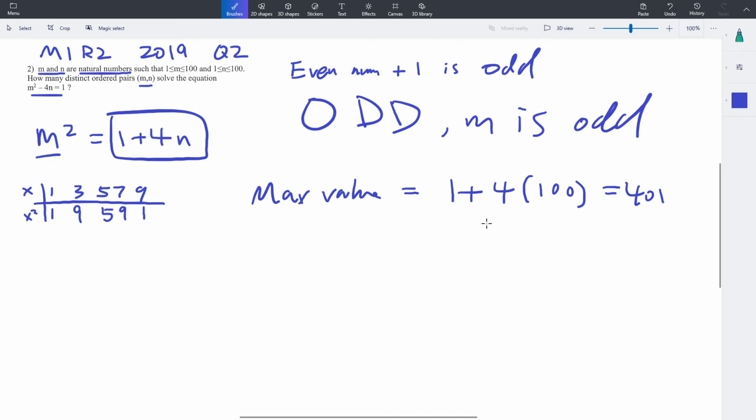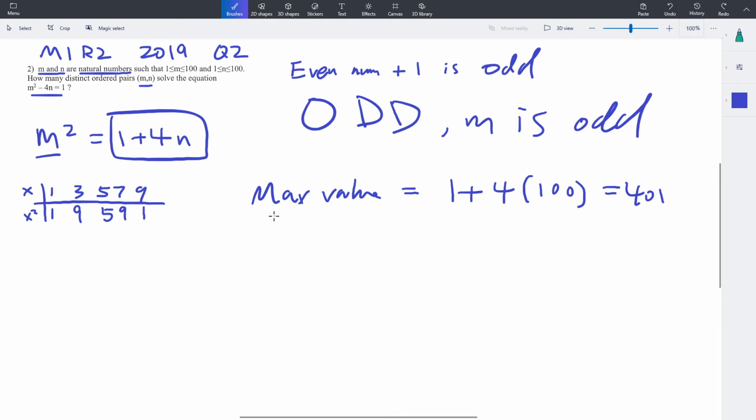And already at this point, we can kind of see that m squared, it's not really going to be helpful for our upper limit, because obviously 100 squared is 10,000, and that's a lot of numbers. But now we kind of know the restrictions for m.